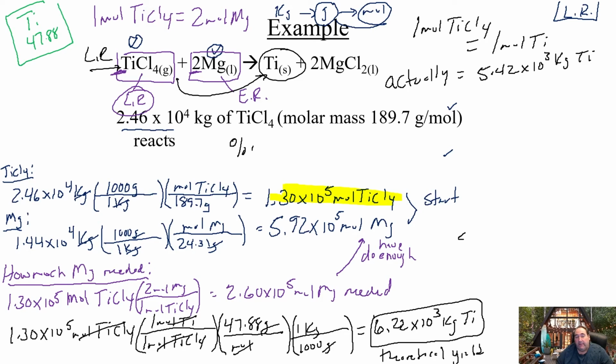So our percent yield is going to be our actual divided by our theoretical times 100%. So actual was given to us, which it typically always is. And that's what that 5.42 number was. So we're going to take 5.42 times 10 to the 3 kilograms divided by our theoretical, which should be larger.